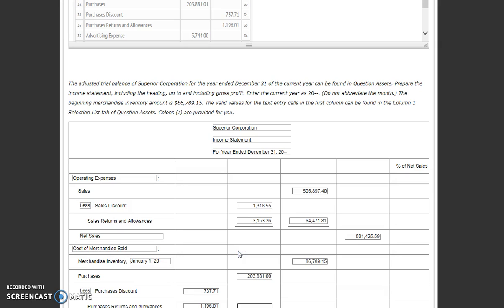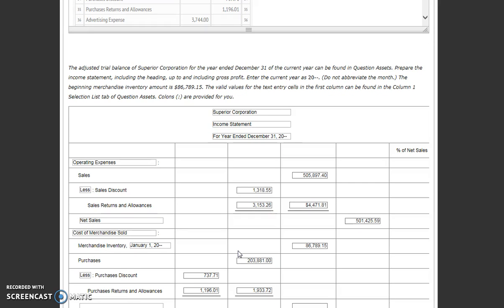Add those together, and you get this, and then subtract those, and we get 201. Oops, I forgot to fill that in. Net purchases, 201,947.